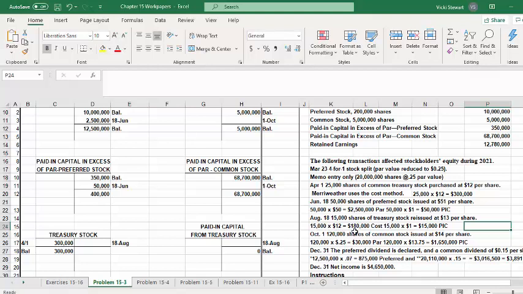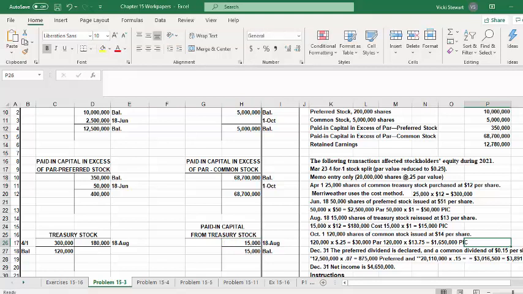So 15,000 times 12 is $180,000, and that would be posted as a credit to treasury stock. The additional $1 per share, for $13 times the 15,000 shares, or $15,000, would be posted as a credit to paid-in capital from treasury stock.